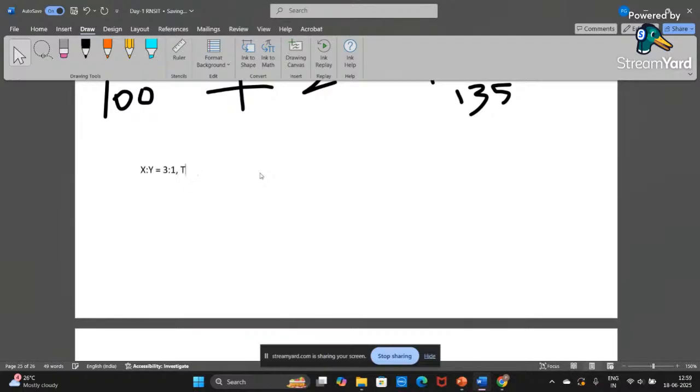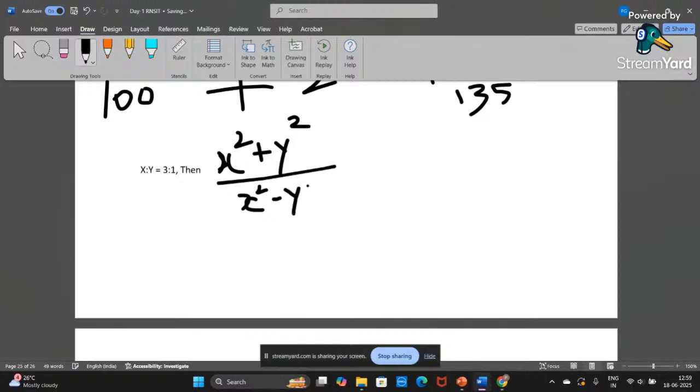Then x square plus y square by x square minus y square. So we need to find the value of this. Given that x is to y is equal to 3 is to 1, we have to substitute the values and find the value of the given one.